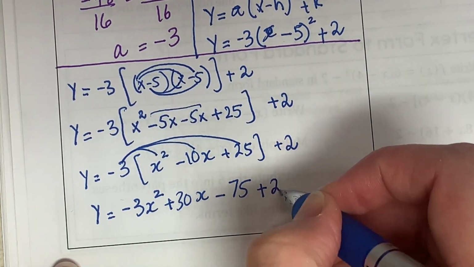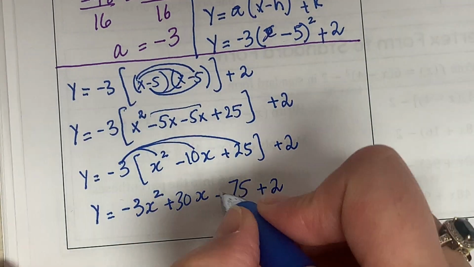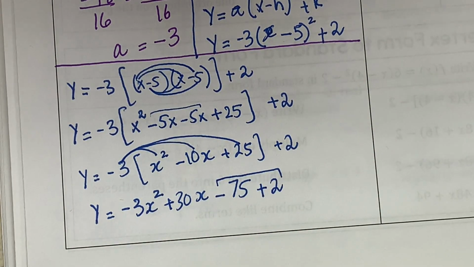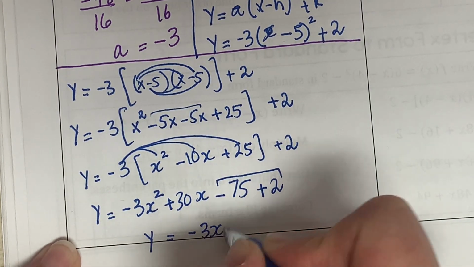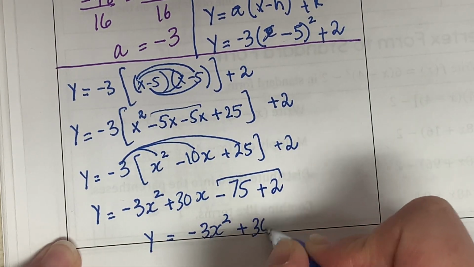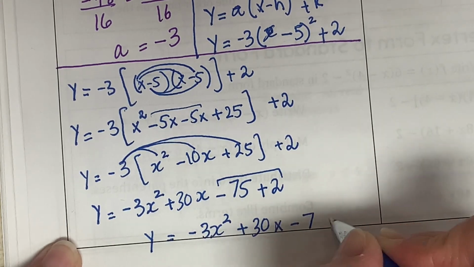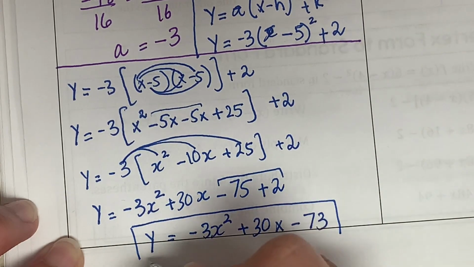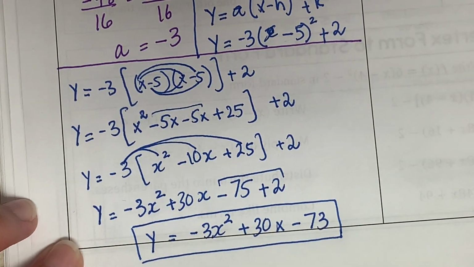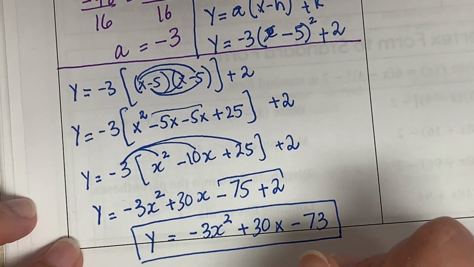Just copy it down. This needs to be combined because you have two sets of numbers. So your final answer is y equals negative 3x squared plus 30x minus 73. And that's my equation written in standard form.